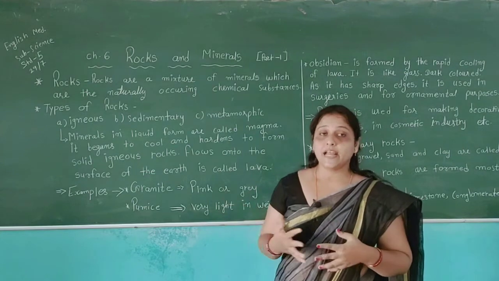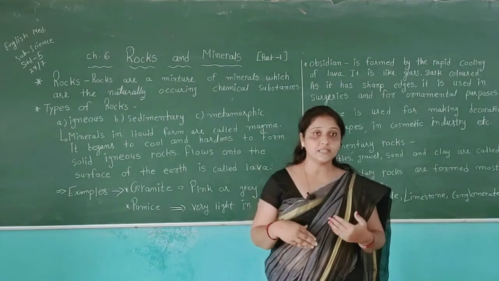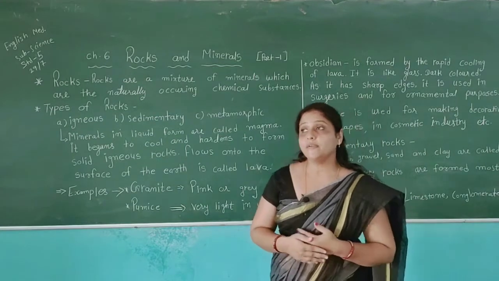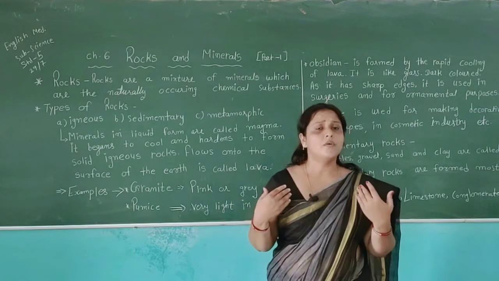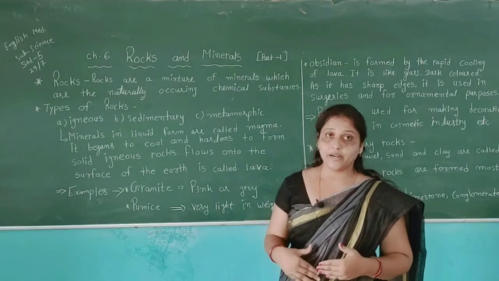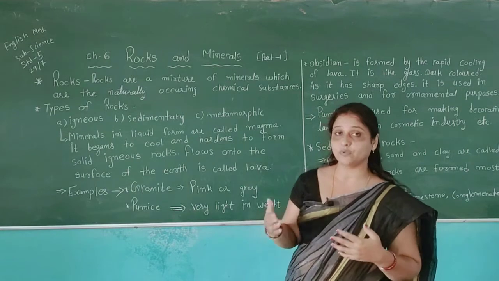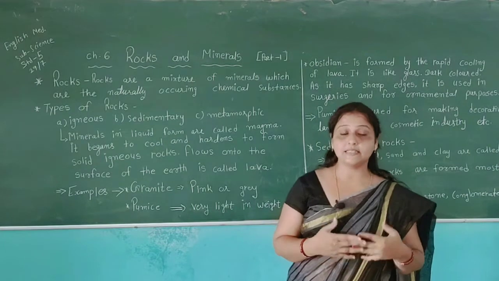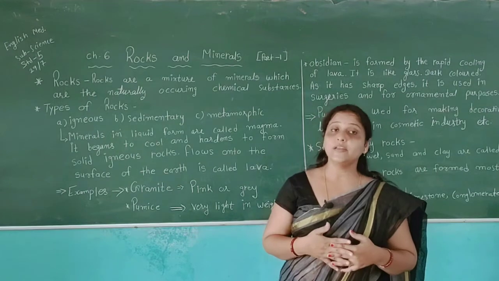We get different nutrients from food, and we discussed how our body uses them. Then we also discussed different body parts, how they work in our body, and the sense organs we use for different purposes.